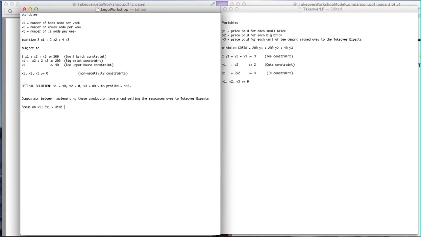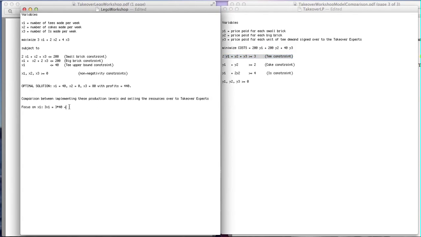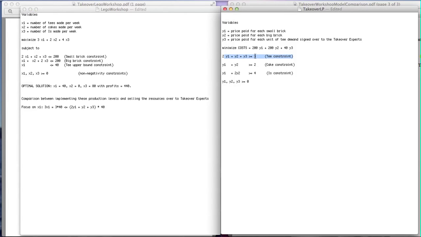By the T constraint in the takeover example, 3 times 40 has to be less than or equal to 2y1 plus y2 plus y3 times the 40 production level. That's simply plugging in what this constraint is comparing to the 3 over here.